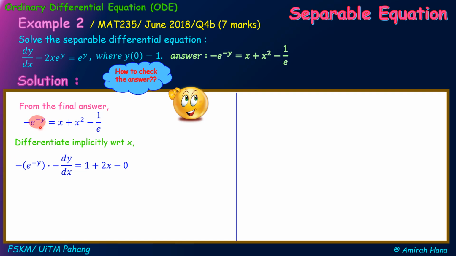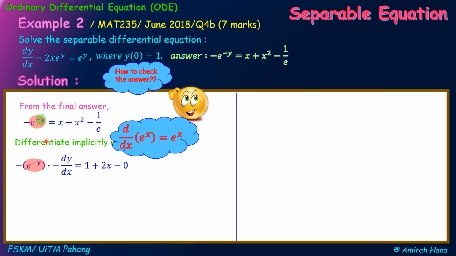To differentiate e to the power of negative y, we can refer to the derivative of e to the power of x. We will get back e to the power of x. So when we differentiate e to the power of negative y, we will get back e to the power of negative y. But after that, we need to differentiate the exponent. The exponent is negative y.